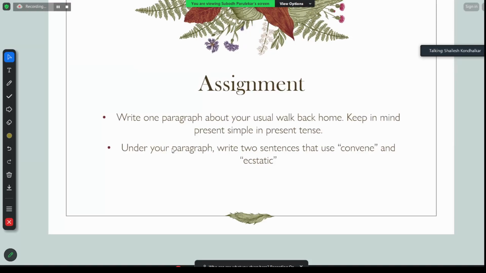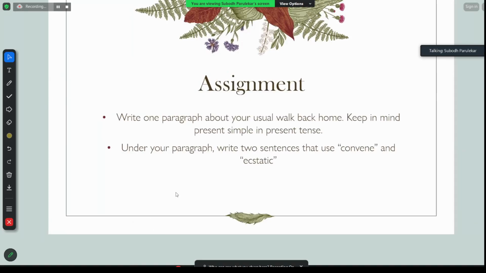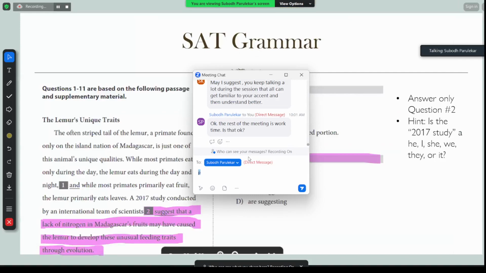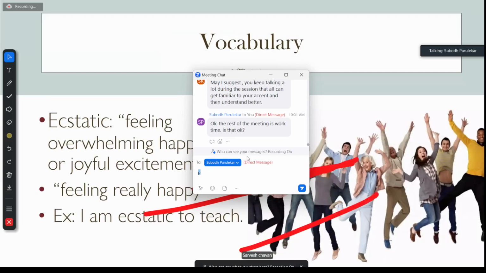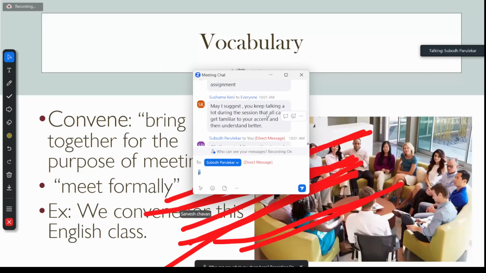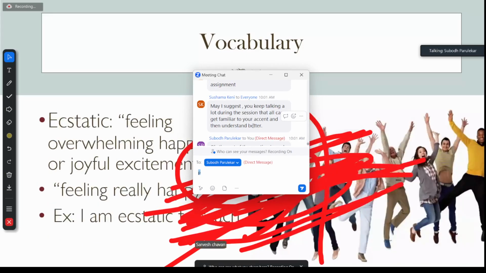And what do we have to do in the second point, ma'am? Okay, so the second point is writing 2 sentences that use convene and ecstatic. Let me go back to what I had for that. Sorry, I'm just going to go away from that slide for a bit. See here I said we convene for this class, and then here I say I'm ecstatic to teach.